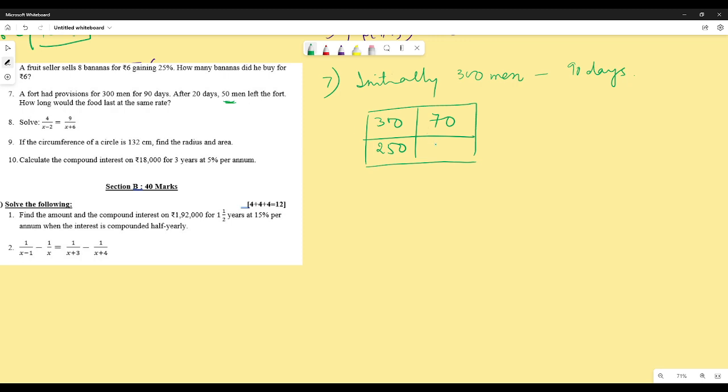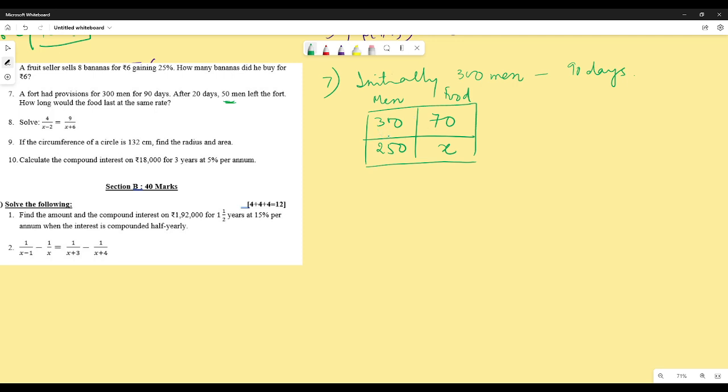So 50 men are leaving, then the number of men becomes 250. This is men and this is food, right? We have to find out now, with 250 men, how long the food is going to last. So the error that you made was you did not consider this to be 300, you considered it to be 250.